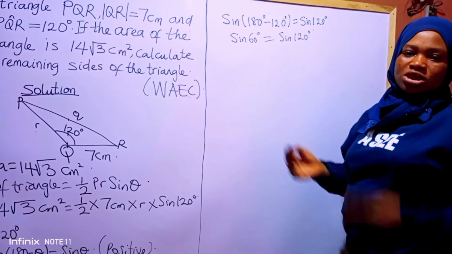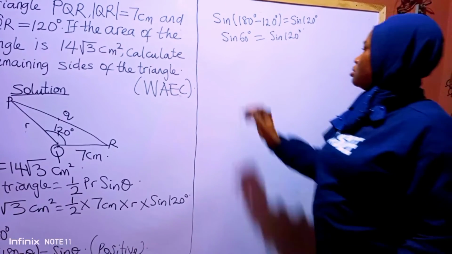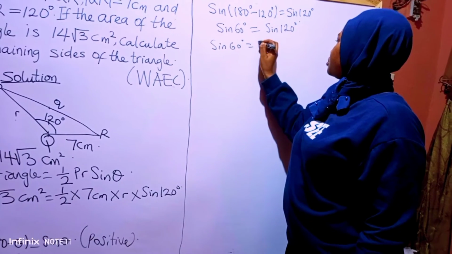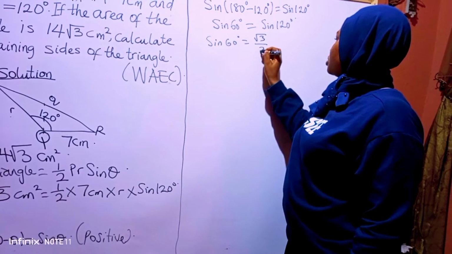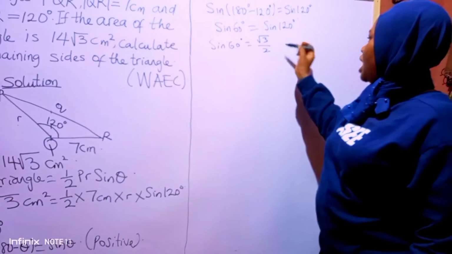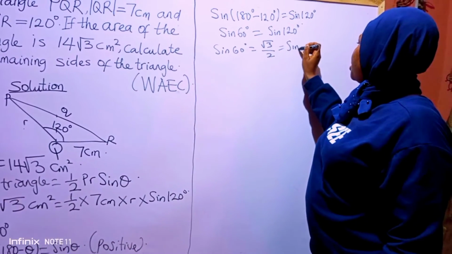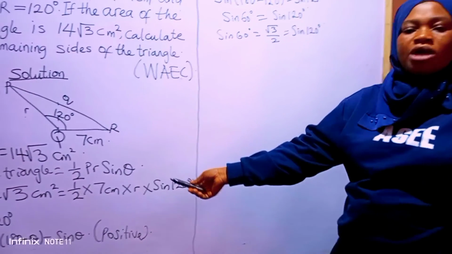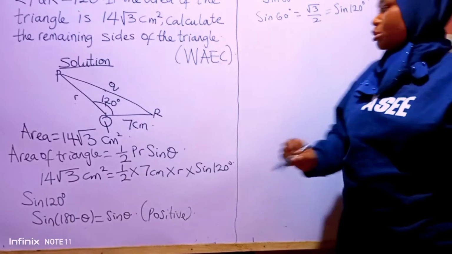We know sine 60 degrees to be equal to √3/2. So if you press your sine 120 degrees, it's the same thing as √3/2. Having known that, let's go back to this formula to substitute everything.